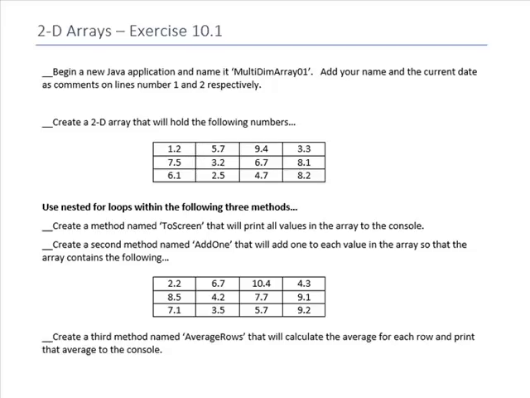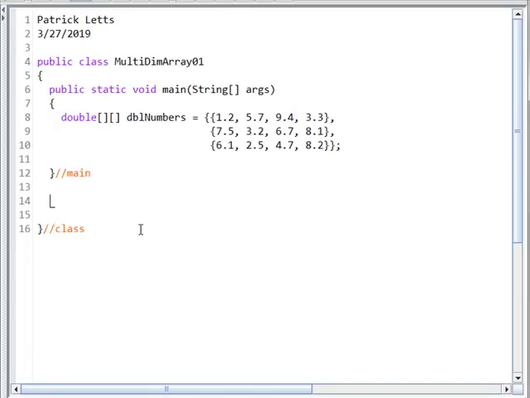So let's do the toScreen. Now I need to use nested for loops. That's the whole purpose here. Use nested for loops inside of a toScreen, and it's meant to print all the values in the array to the console. Okay, so let's go.